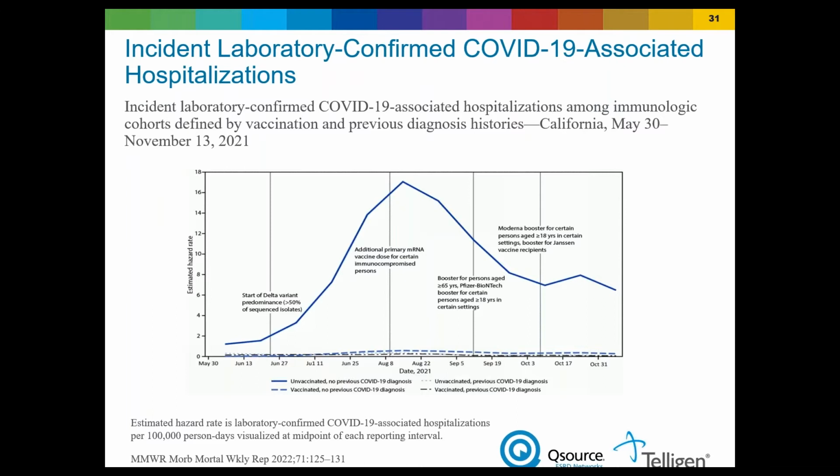So this chart compares incident laboratory confirmed COVID-19 associated hospitalizations with different time periods. This was obtained in California data between May and November 2021. You can see some time periods where earlier on the individuals are getting vaccinated, and then around August, there was recommendation for additional primary dosing, followed by booster dosing in different age groups.